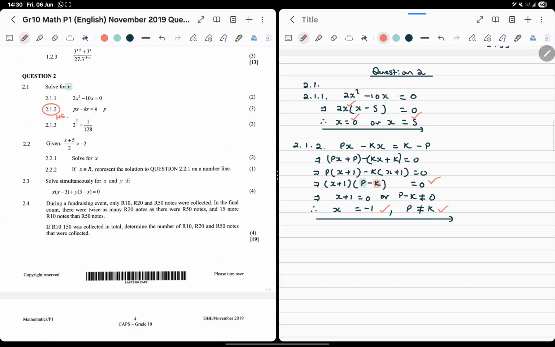Now, if we're saying these are not equal, we can check if that's the case. Let's say p is 1 and say k is 2. As long as they're not equal, we don't care whether signs or whatever. They just must not be equal. Now we take this back. So p is 1.